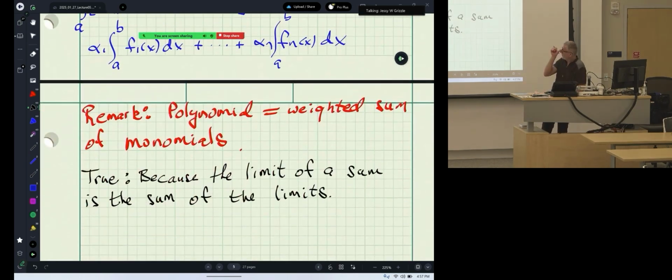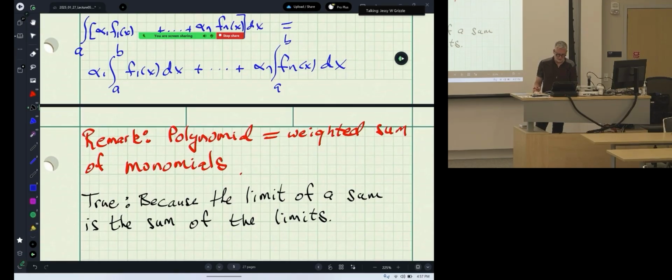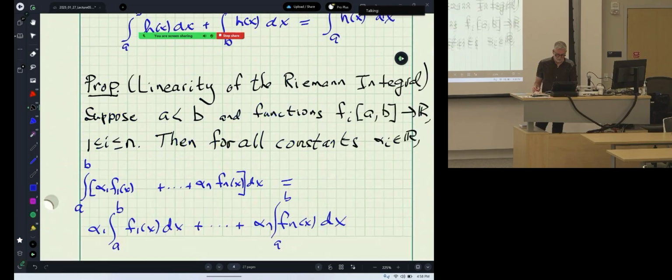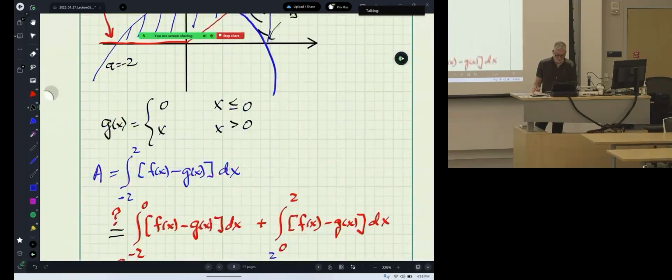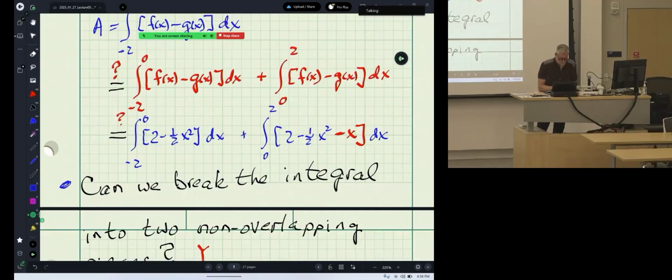Okay, let you catch up there, and we'll go back to our original problem. Break it all down and calculate the area. Okay, so we're tasked with evaluating two integrals. We're using two properties.